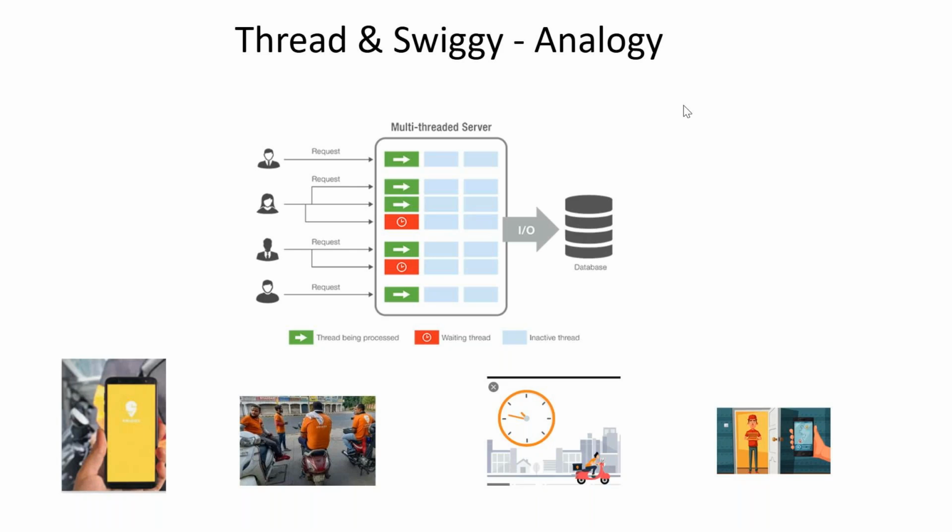If there are too many requests, obviously the wait time is going to be more because the delivery folks will be very busy during peak time. Sometimes they will be very idle, waiting for the food to be processed, and then they get busy delivering it, and the status moves between different states.